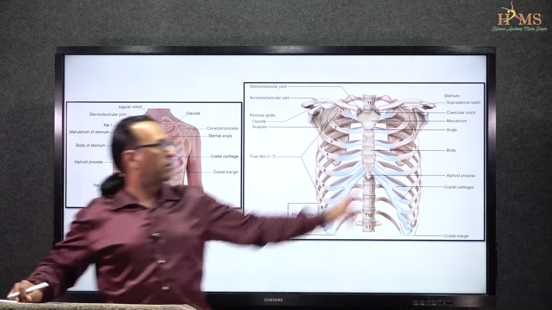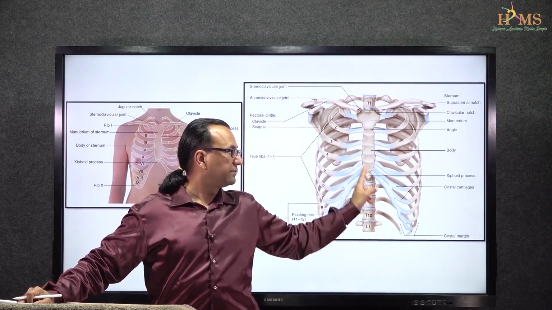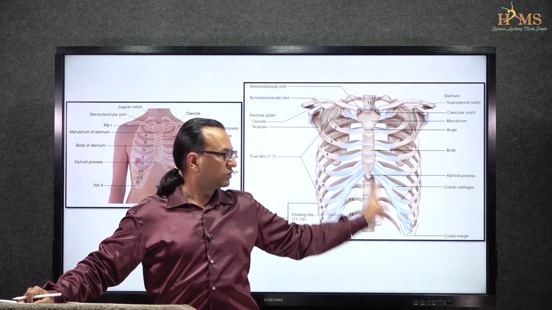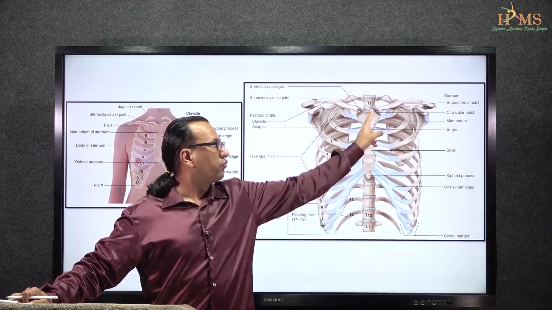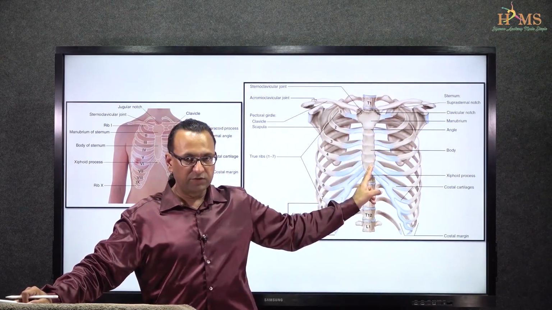You see, when the ribs are attaching to the sternum or costal margin, they all have synovial joints, except for the first rib and the 10th rib. Why? What is it about the first and 10th rib?